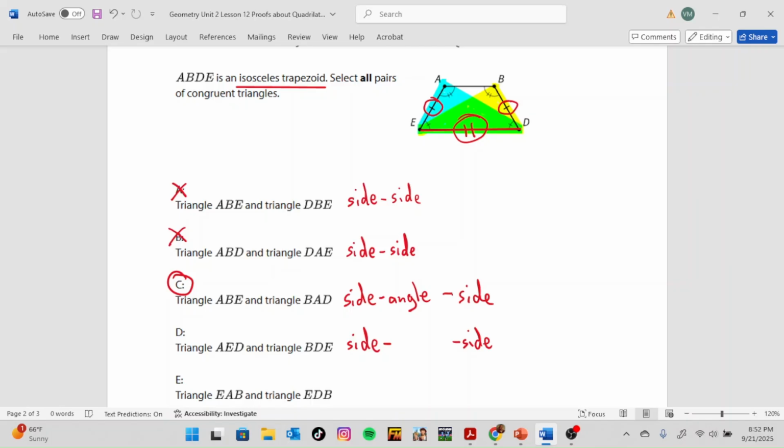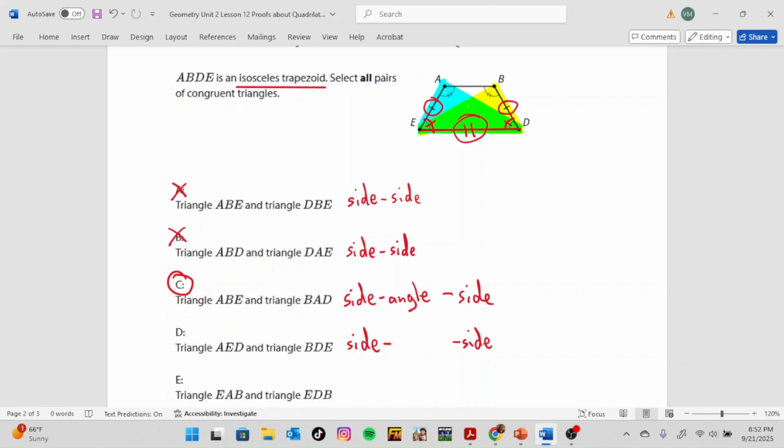And we can see that the blue triangle has angle AED that they marked with 1 tick mark. And the yellow triangle has angle BDE that they marked with 1 tick mark.